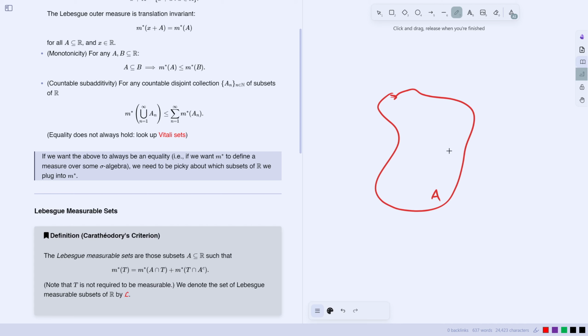Now, before you say, hold on, we're working on the real line, this is 2D. This works for n dimensions. This works to define Lebesgue measurable sets on R^n. It's kind of nicer for the sake of the picture if I do things in 2D, and a lot of the things we're discussing today generalize to Euclidean space. You might ask, why didn't you just phrase everything in R^n?